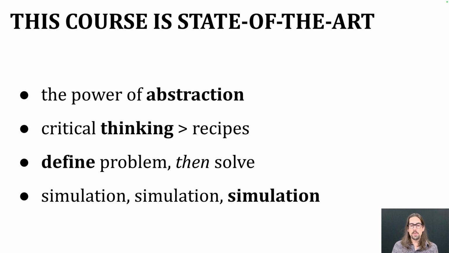So what do I mean by state-of-the-art, critical thinking, all this stuff? This is what I want to emphasize conceptually in the course. One is the power of abstraction. So instead of thinking always super concretely about this situation, that situation, an example is, if you know how to bake, you can bake an apple tart, you can bake a pear tart.